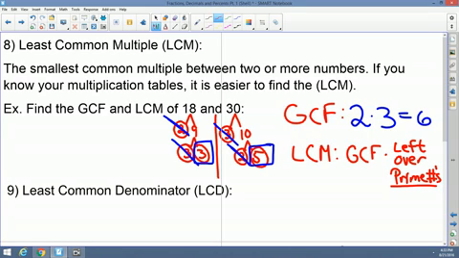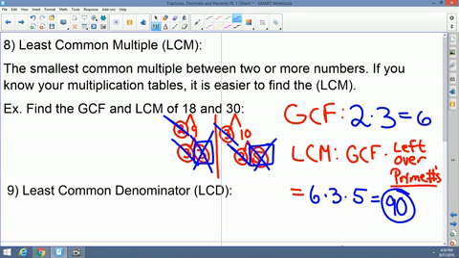So my LCM in this particular case would equal my GCF of 6 times my leftover prime of 3 times my leftover prime of 5, which would equal 6 times 5 is 30 times 3 is 90. And that, my friends, is the LCM.